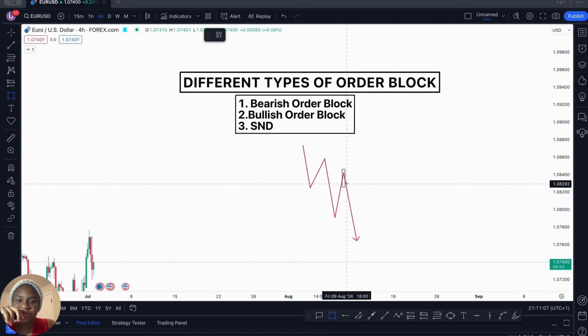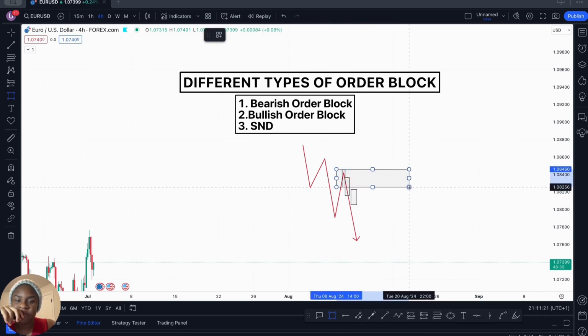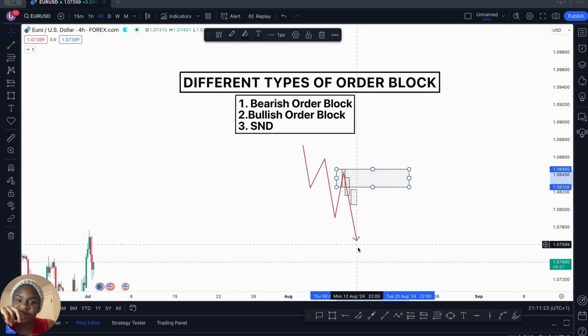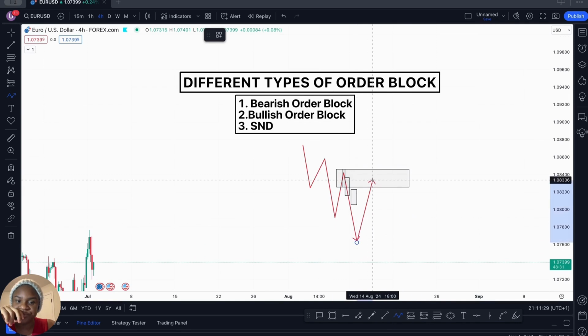Another candle is always here again that continues the change of the trend, and it comes out like this, right? This is for a bearish scenario. We are going to mark the last bullish candle before that change took place. Because why? Market always comes back to that zone before it continues its trend as a bearish momentum.